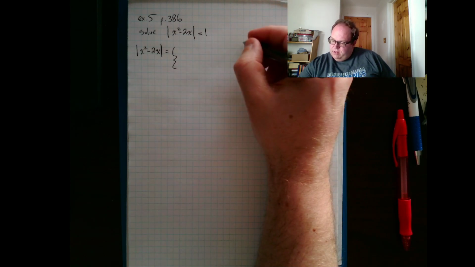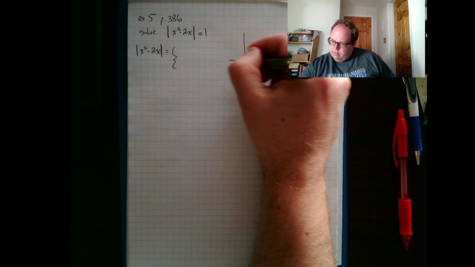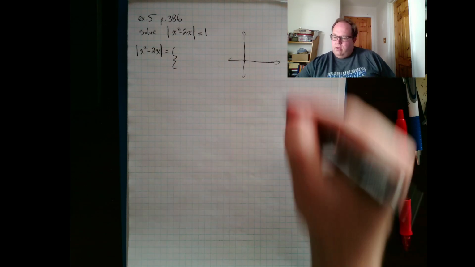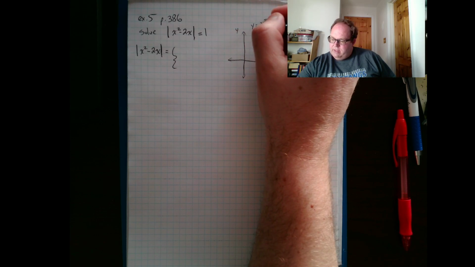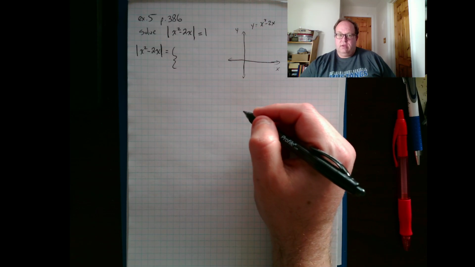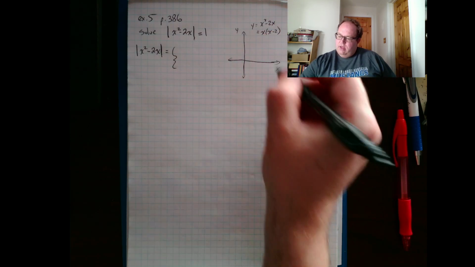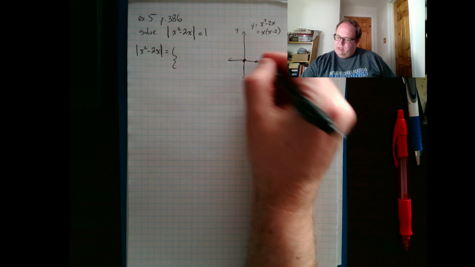And it helps if we think of what a graph of this function is going to look like. So let's graph quickly y equals x squared minus 2x. Now this factors nicely into x times x minus 2, and this tells me my quadratic has zeros at 0 and at 2.